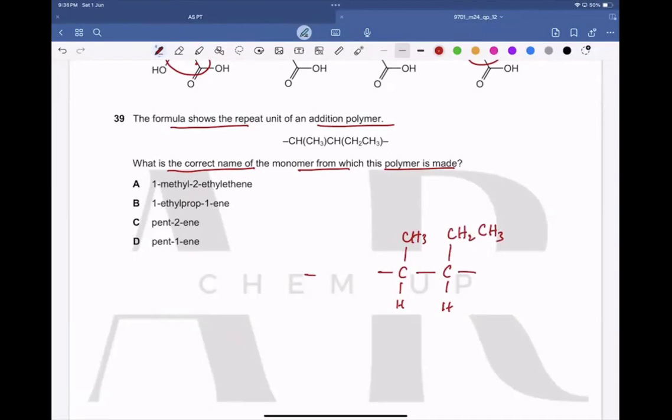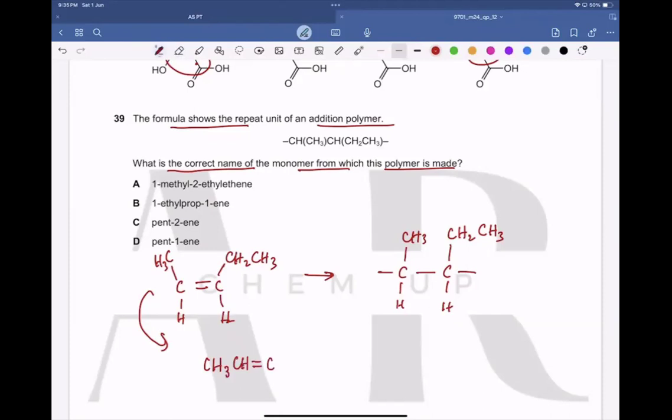Let's turn it into its monomer. So the monomer has a carbon-carbon double bond, H, CH3, CH2, CH3, H. Now, let me transform it into a simple chain: CH3, CH, double bond, CH, CH2, CH3.